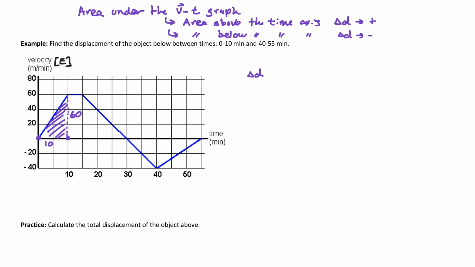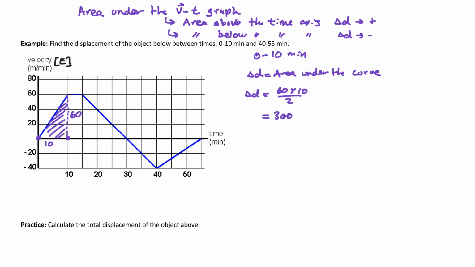So displacement for 0 to 10 minutes is equal to the area under the curve. Displacement here will equal base times height divided by 2 for a triangle. So that's 60 times 10 divided by 2. And 60 times 10 is 600, divided by 2, 300.